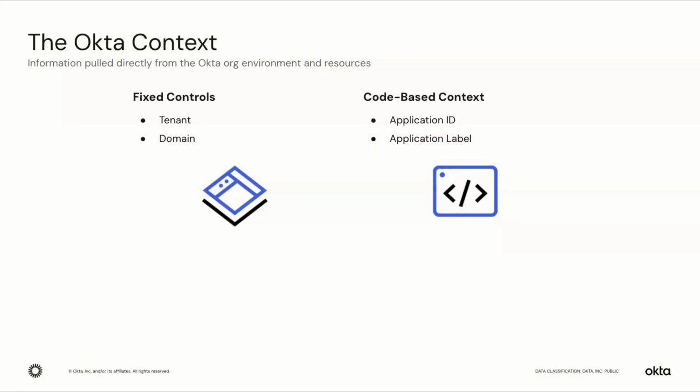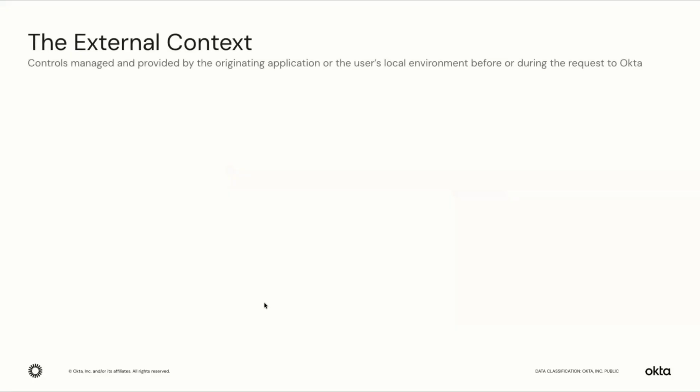Now, the second control I want to discuss is the external context. These are outside the control of Okta. These controls are typically managed and provided by, for example, the application that the user is being redirected from, or maybe the user's local environment before making the request to Okta.